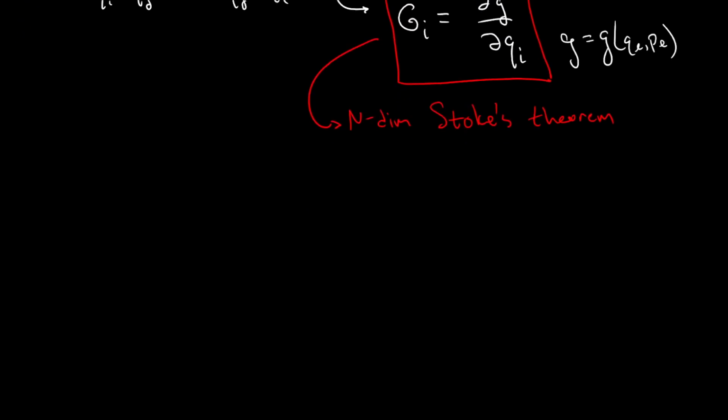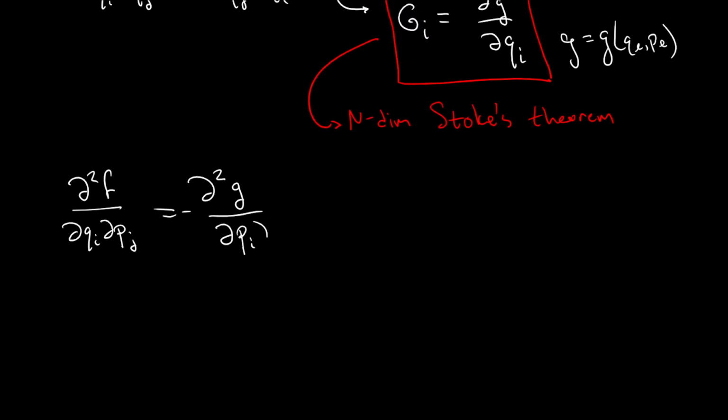And we get that ∂²f/∂q_i∂p_j is equal to minus ∂²g/∂p_i∂q_j. And this is actually something that we can solve.